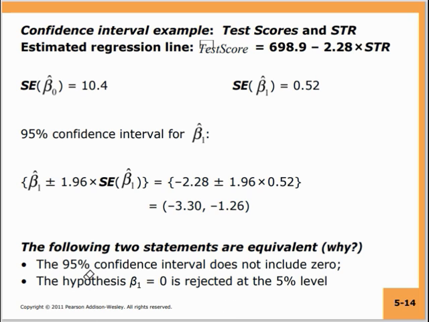So the 95% confidence interval does not include 0, and because it does not include 0, the hypothesis that beta 1 is equal to 0 is rejected at the 5% level. So both are saying the same thing. The 95% confidence interval falls entirely below 0, and you have also rejected the null hypothesis that beta 1 equals 0 using the t-statistic. Both of these are equivalent statements.